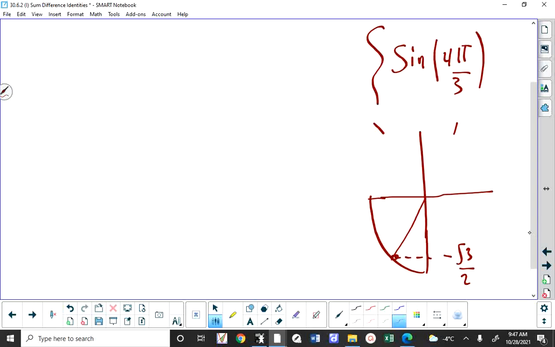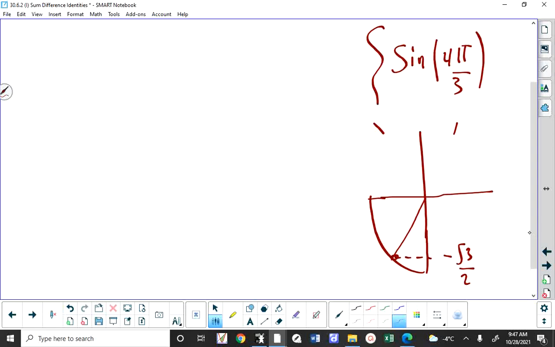And I think when you put your calculator in radians and take the sine of 4 pi over 3, you're going to be looking at negative 0.866. And some of us have seen that number enough times to go, oh, that's root 3 over 2. And I told you when we learned about the unit circle that I suppose you could lean on that crutch for the time being.